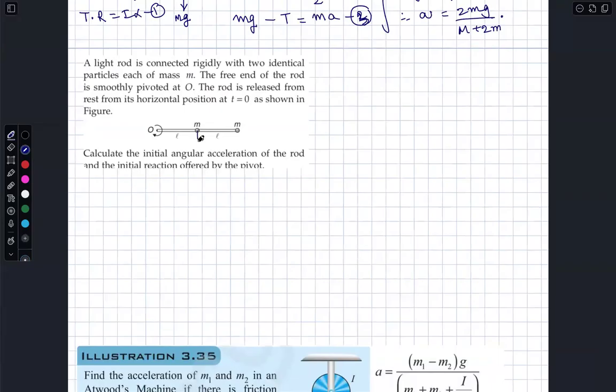I'll just see what is the torque. mg, the torque is mgl plus the other term, equation 1.